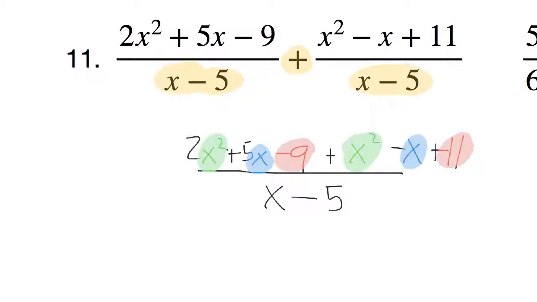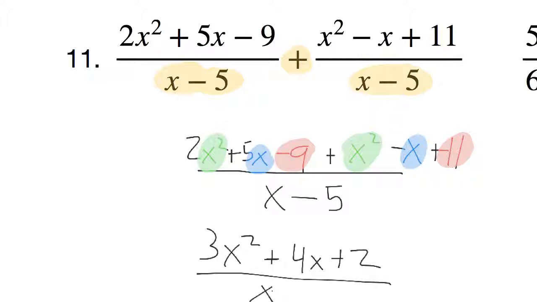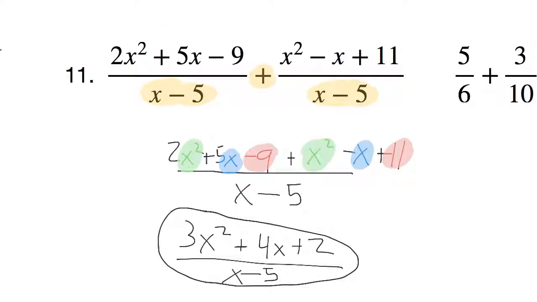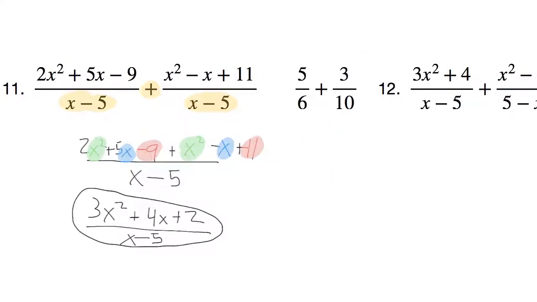When you combine the like terms, you get 3x squared plus 4x plus 2 all over x minus 5. Now I'm pretty sure that you can't do a factor x bottoms up method here, but even if you could, one of the factors would not be x minus 5, so we've simplified as far as we can go.